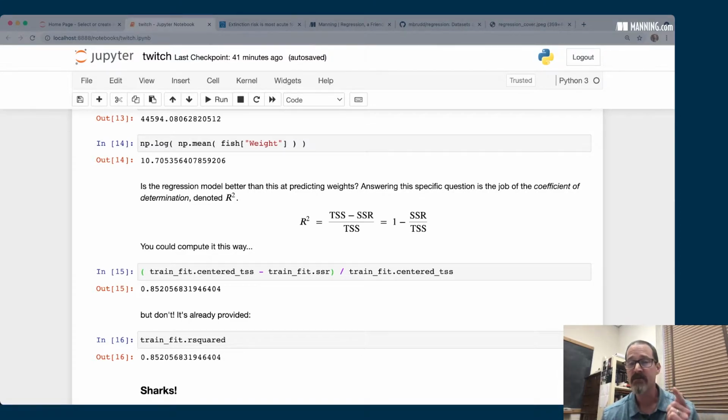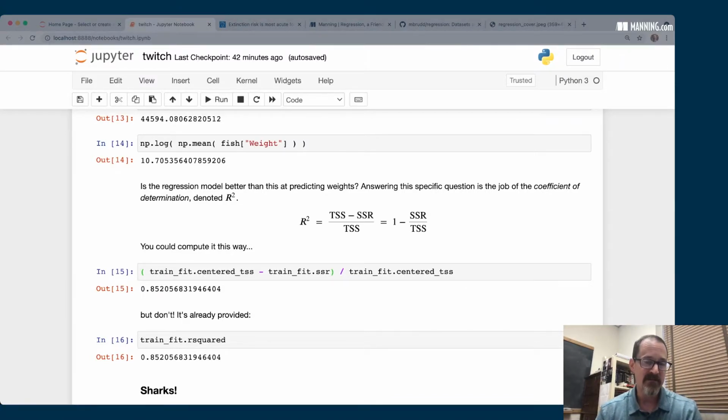In this case, if you use the formula directly, 1 minus the fraction SSR over TSS, using numbers provided by the trained model, you get 0.852, 85.2%. Okay, so what that really means is that by using this predictor, the log of the length, you reduce the variability in the predictions by 85.2%. That's the way to think about R squared, this coefficient.